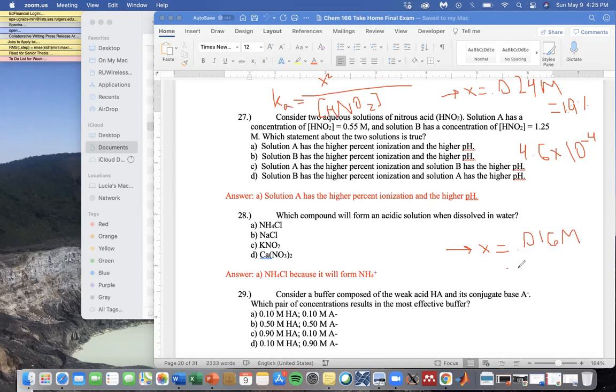And then when you do 0.016 divided by 0.55 times 100, you get 2.9%. And so solution A, which is the one with this concentration, would have the higher percent ionization.